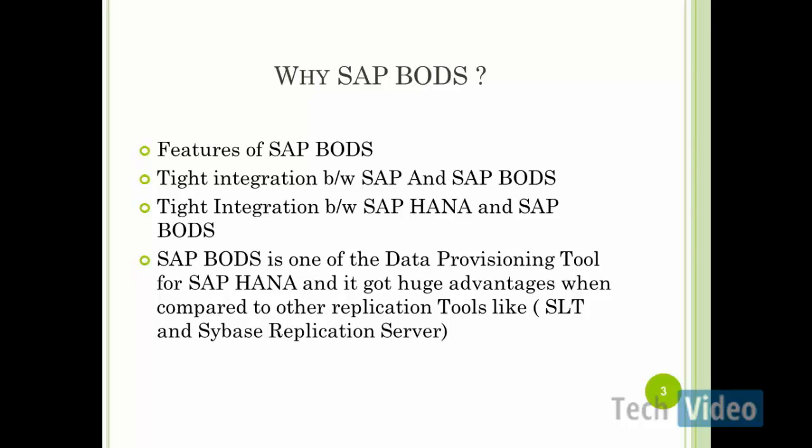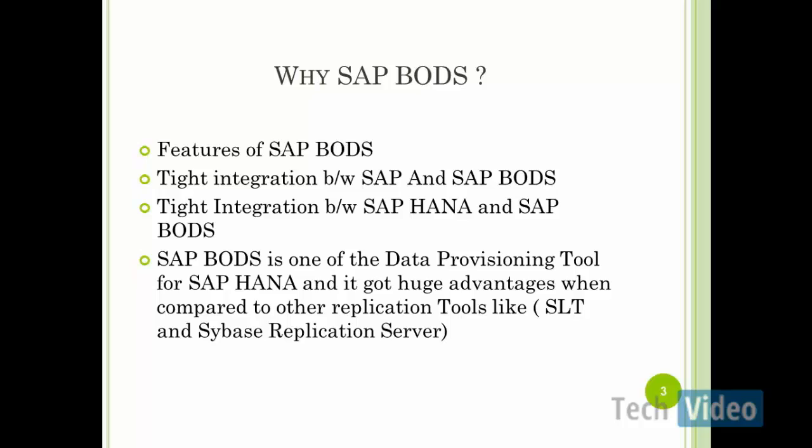That is one point. The second point is we don't have powerful transformations. And the third point is we don't have powerful functions. If you want to get a substring from a string value, you have to write some routine in older versions of SAP BW. That size of headache we don't have here.